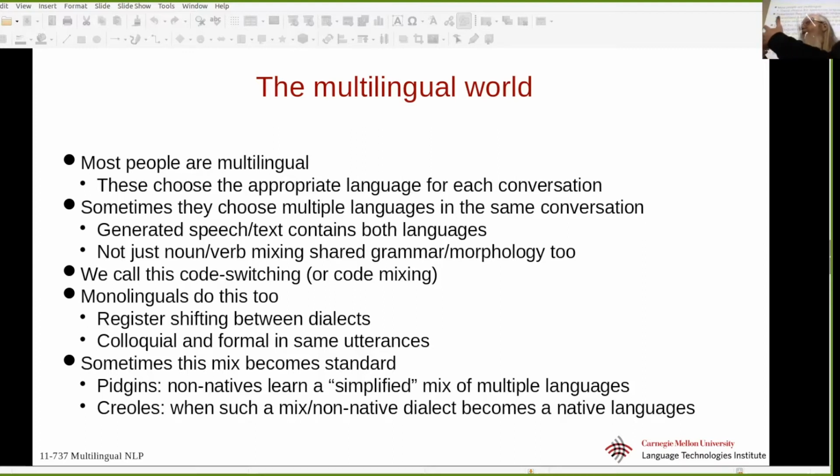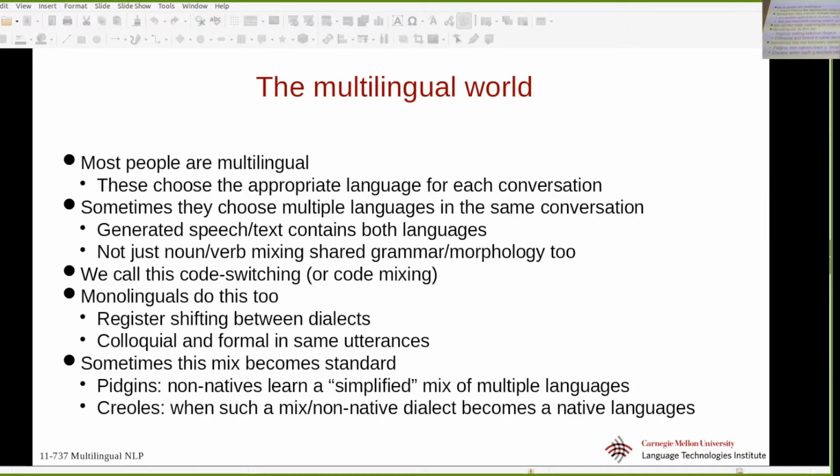And that's the same idea, that there's some mixture of language choice, vocabulary, possibly grammar as well that's going on, okay? This colloquial, formal, or swear word form is relatively common in all languages, but in some communities, this is an actual split between completely different languages, okay?